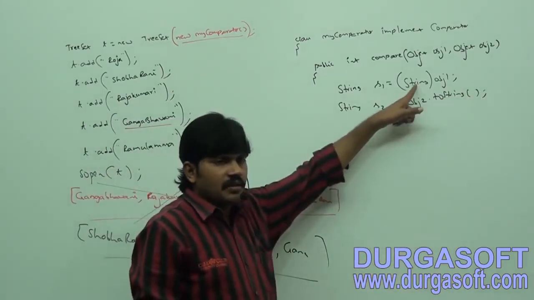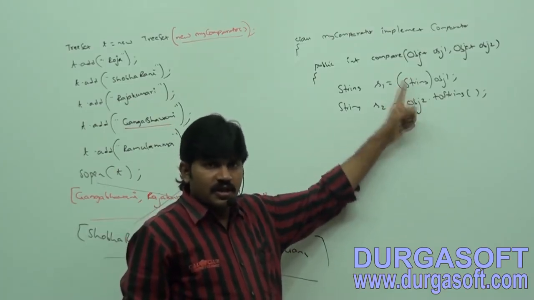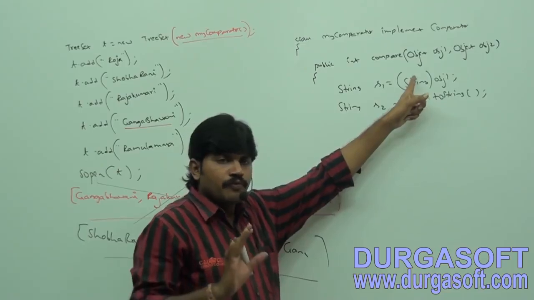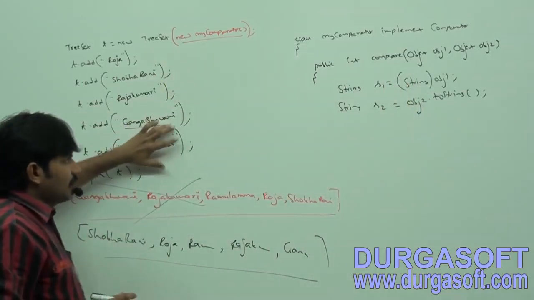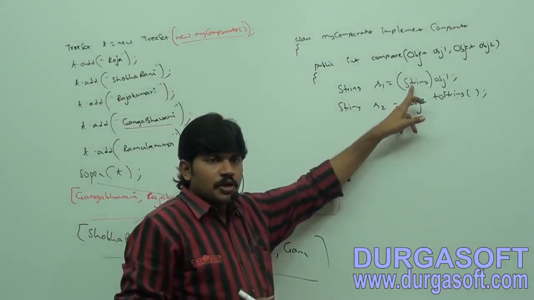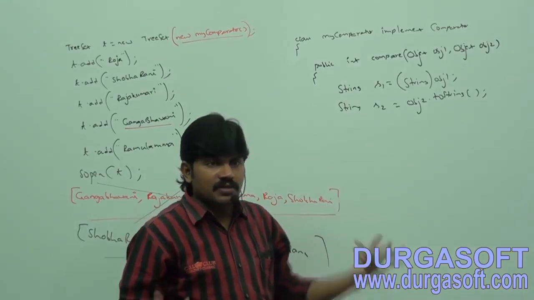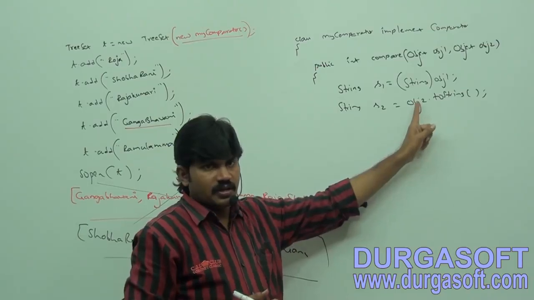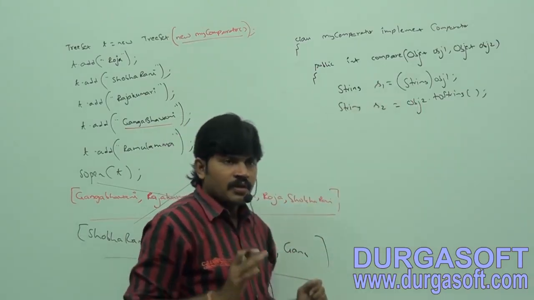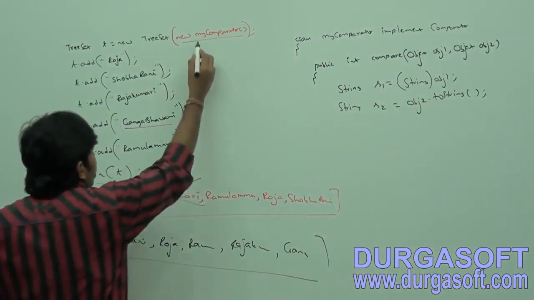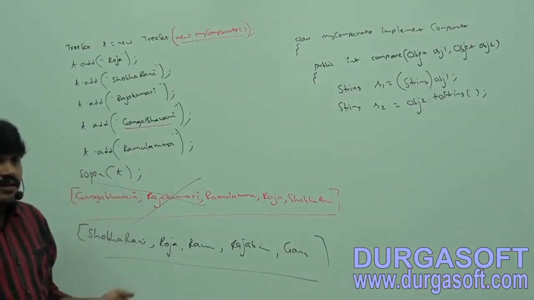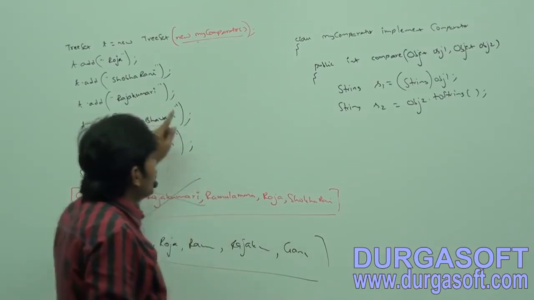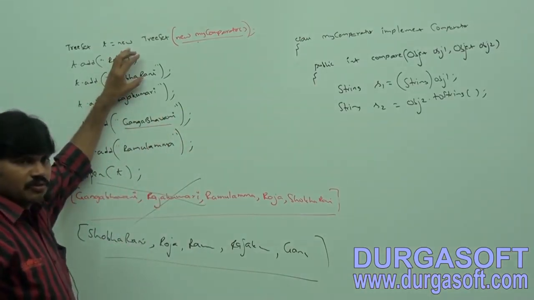Either through typecasting or the toString method you can call. Any approach is valid. But when should we go for this approach? If internal objects are only String type, then typecasting is good. If internal objects may be StringBuffer or something, and you want to convert to String, then we can call the toString method. Anyway, now I got s1, s2. If I am not passing a Comparator object, then internally which method will the JVM call? The compareTo method. So s1.compareTo(s2) is what it's going to call.